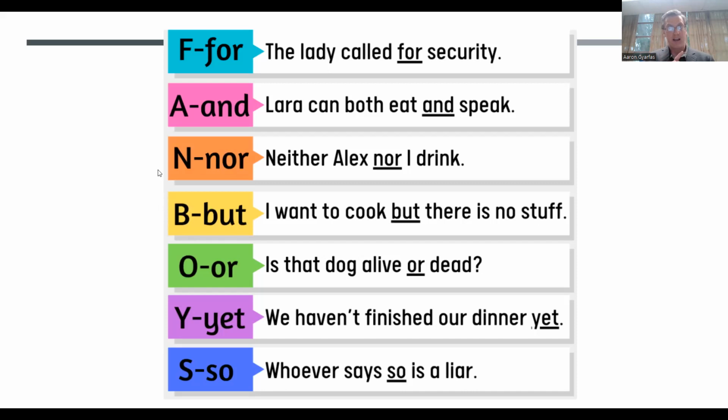So we're going to look at examples of yet as a coordinating conjunction, and yet just means the same thing as but when we're using it as a coordinating conjunction. Nor is the one that's the most formal and the least common. You're very rarely going to hear the word nor in everyday spoken English, usually in more formal writing.